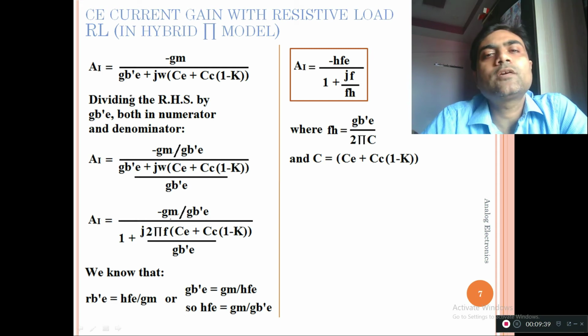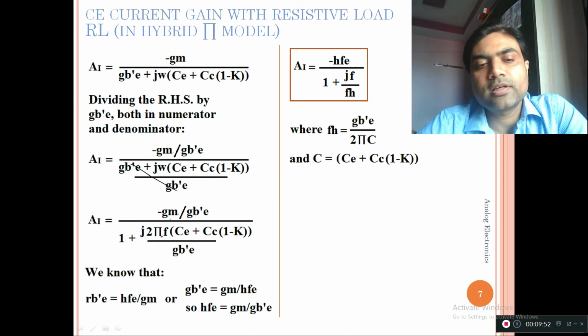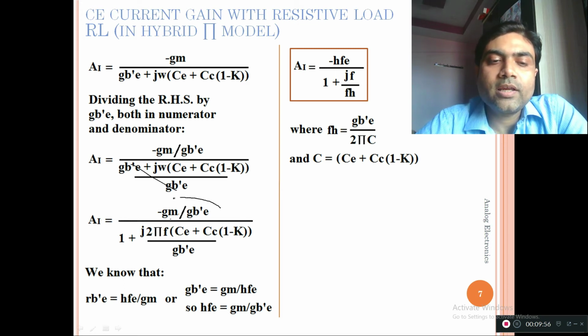So I am dividing the equation in both numerator and denominator by the value of GB dash E. So this GB dash E is divided here, and this GB dash E is divided here. This GB dash E cancels out, and we have replaced omega with 2 pi f, and CC(1 minus K) is again there, the same term which we calculated in the previous lecture.